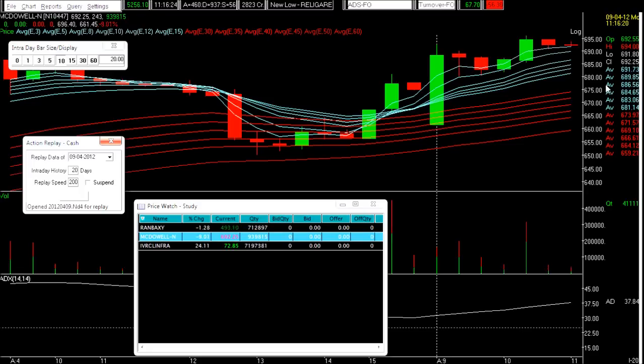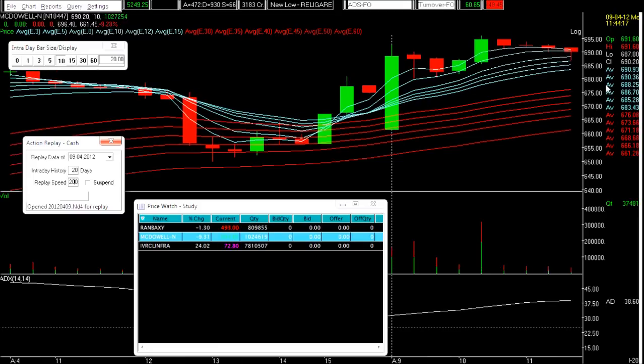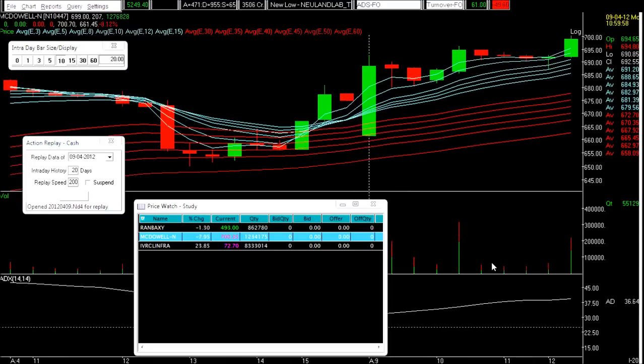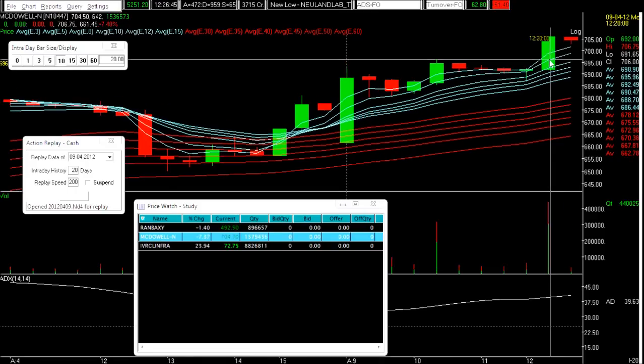Okay, right now the stock is 692. It's moving, it's below my entry price. You can focus on volume also. After this big green candle there was less volume, and now there is a big green candle with again very high volume.